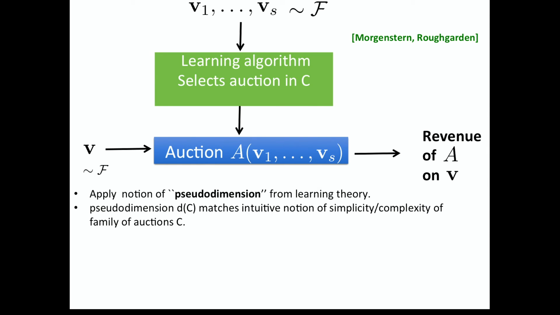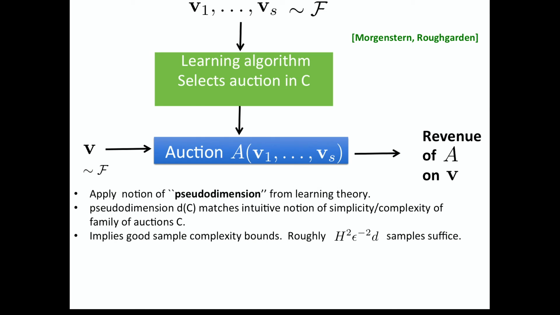The kind of cool thing is that this pseudo dimension seems to match our intuitive notion of the simplicity or complexity of a family of auctions. I won't go into that, but basically it implies good sample complexity bounds. So for distributions whose support is 0 to h, essentially linear in the pseudo dimension sample suffices. So this is part of a really interesting line of research.